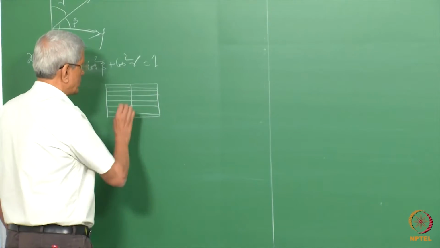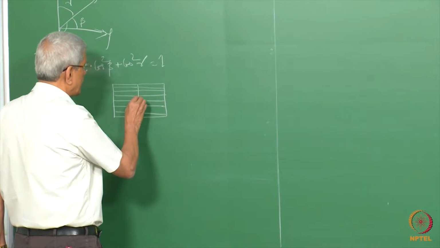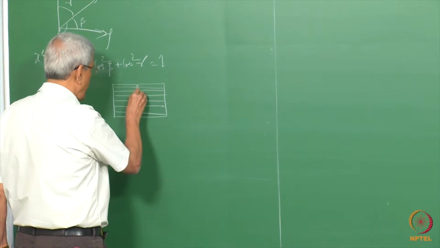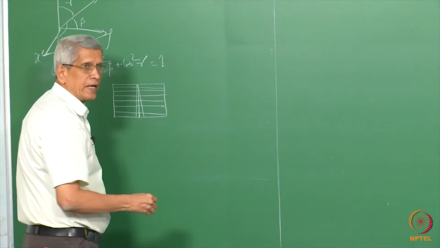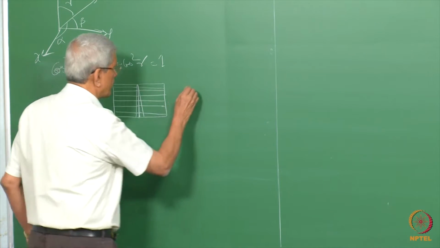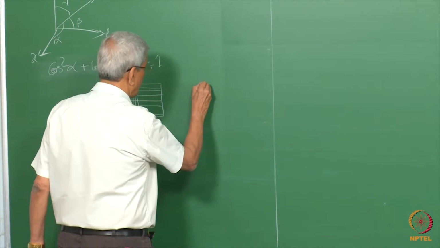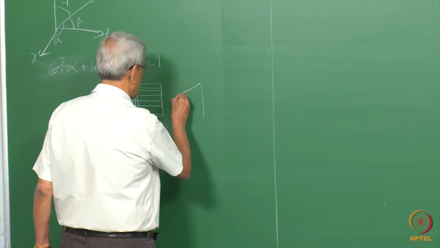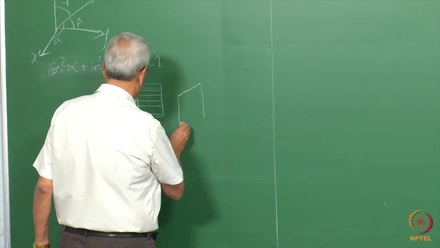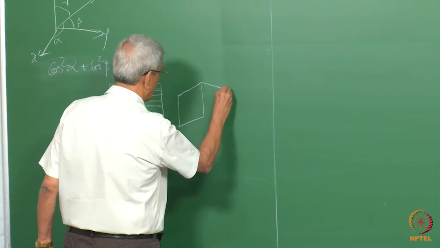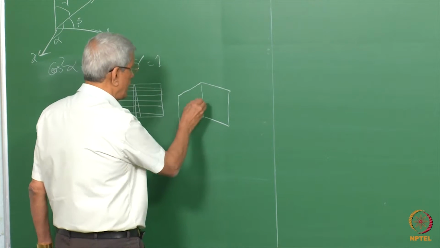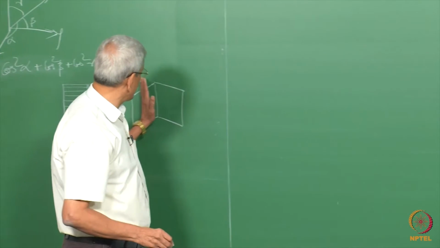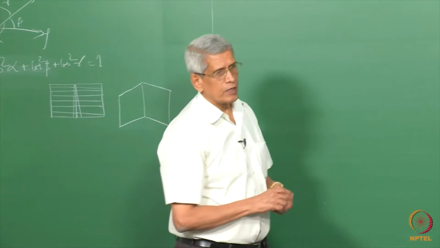Suppose we have one crystal, and I make a small cut like this, making an angle, and join them together. Then what will happen is that, this is an exaggerated picture. It is as if from here to here there is a tilt which has taken place.